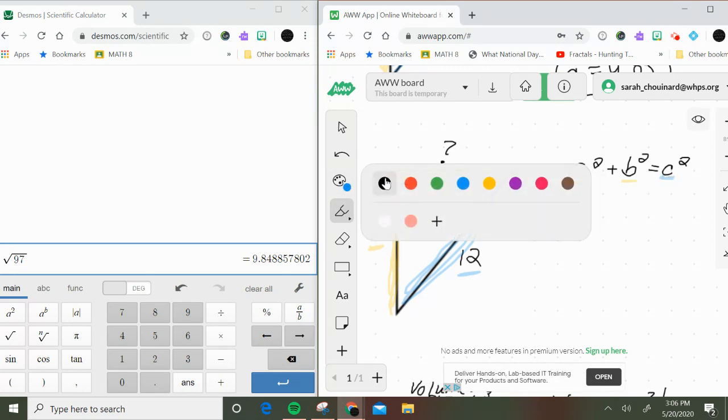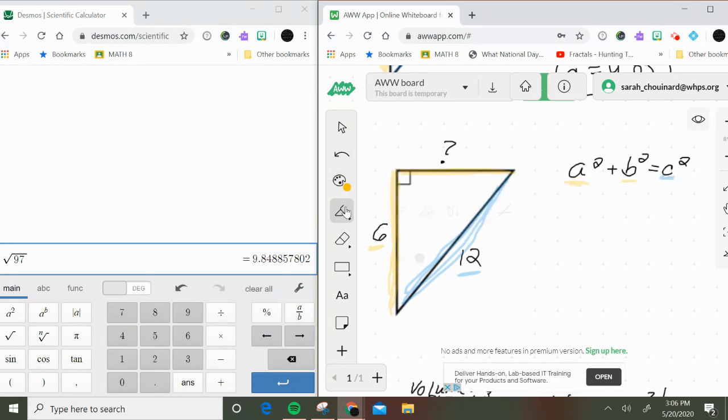So since we don't know it, we're going to leave a squared. We're going to plug in 6 for b, and we know that's equal to c squared, and in this case, c is 12. So a squared plus 6 squared is 36, 12 squared is 144.